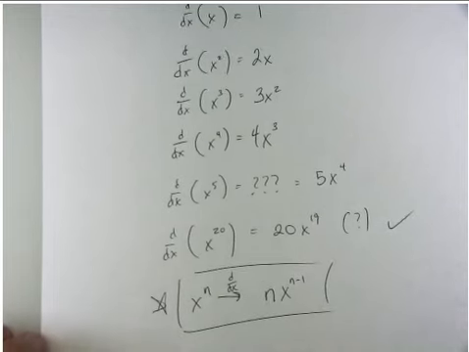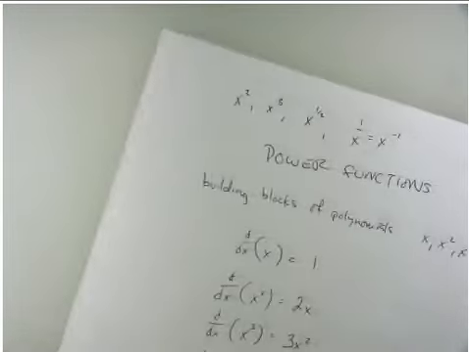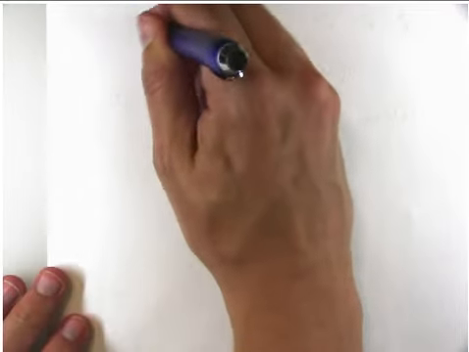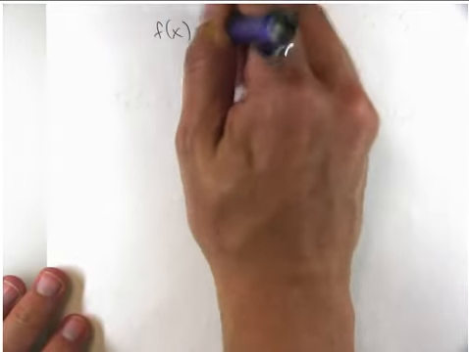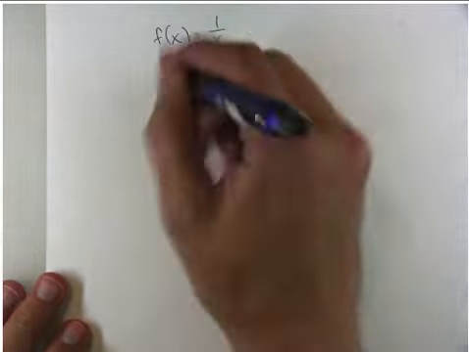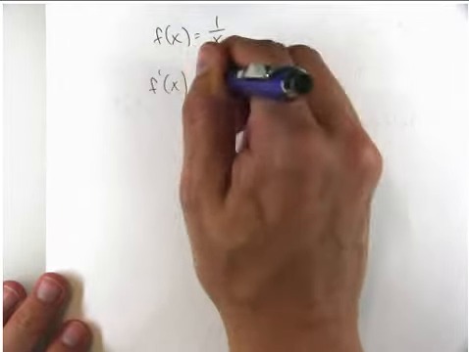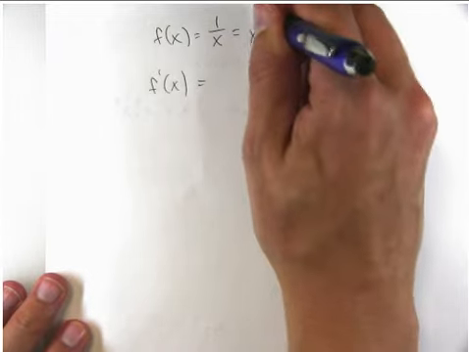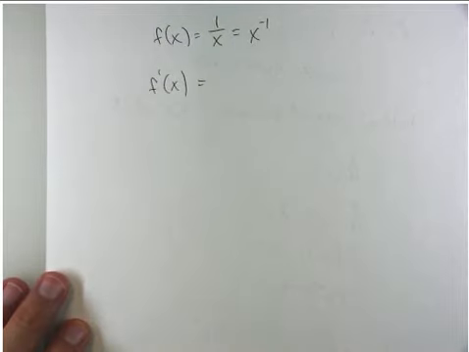What does that mean for other things, right? What about 1 over x? What would the derivative of it be if we followed that rule? 1 over x, remember, is x to the negative first power.